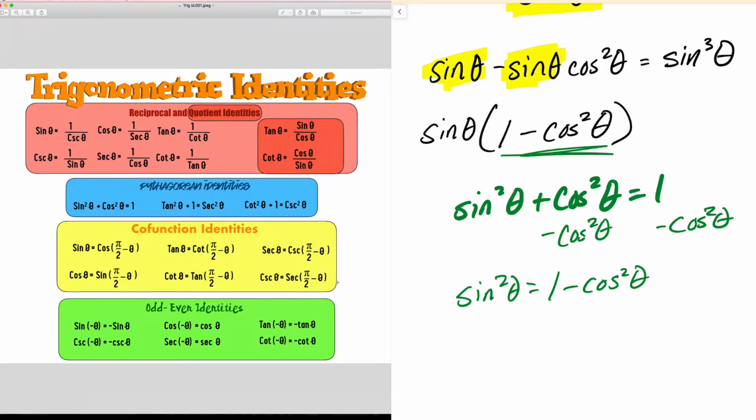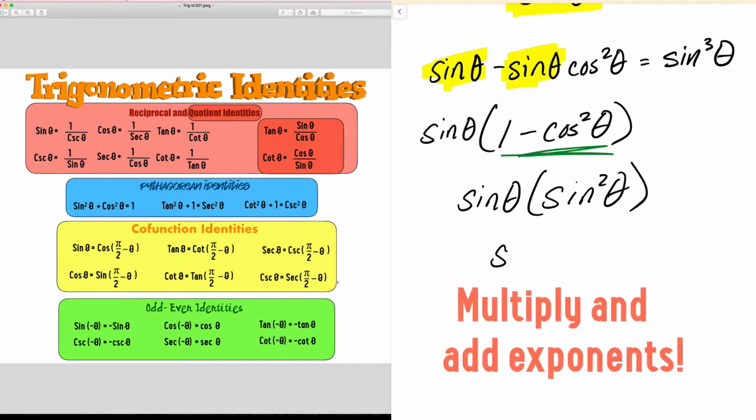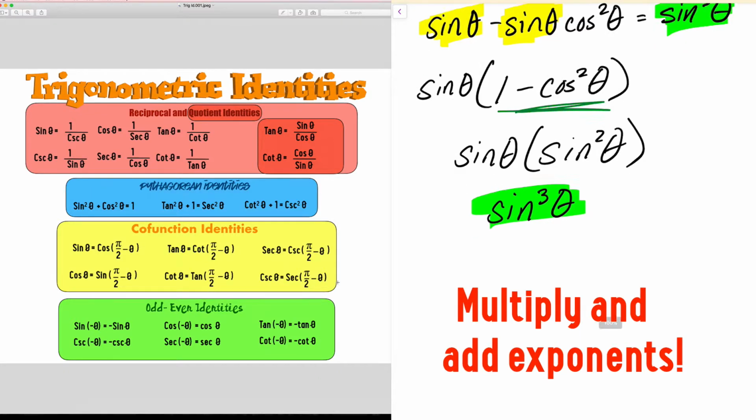So then I can replace this with sine squared theta. What I'm left with is sine theta times sine squared theta. When I multiply this out, I end up with sine cubed theta. And there we go, I've just verified both sides.